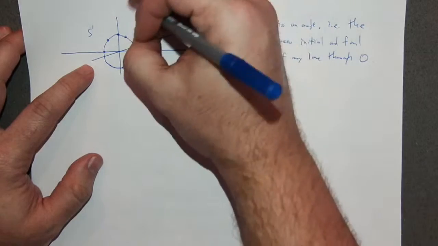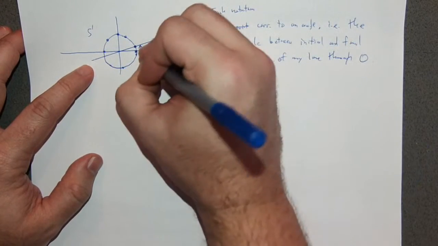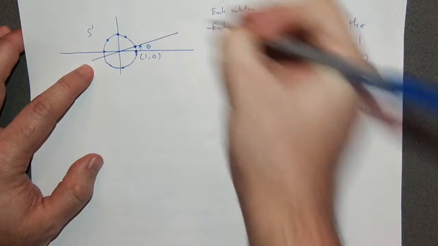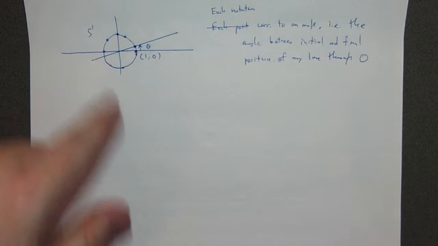What we can consider is where the point (1, 0) is sent. This might jog your memory from linear algebra, where to determine a standard matrix for the map, you considered where basis vectors were sent.